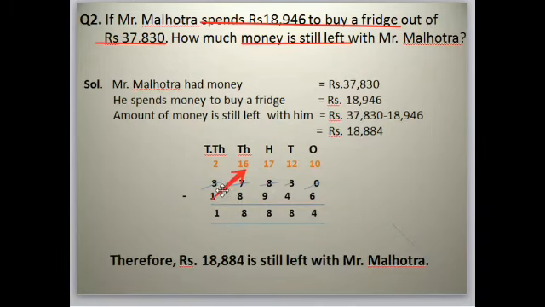Now we subtract 8 from 6. This is not possible. So we take 1 from the 10,000 place and 6 becomes 16. And now 16 minus 8 is 8. And after that 2 minus 1 is 1. Our number is 18,884.